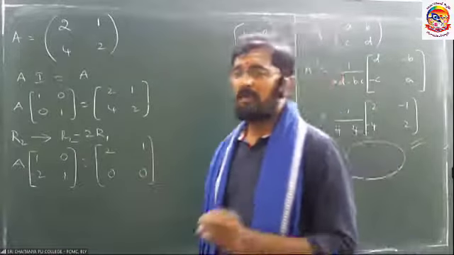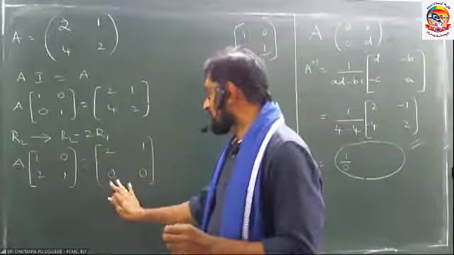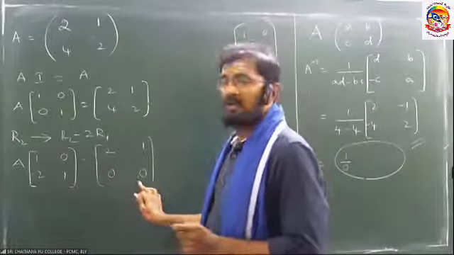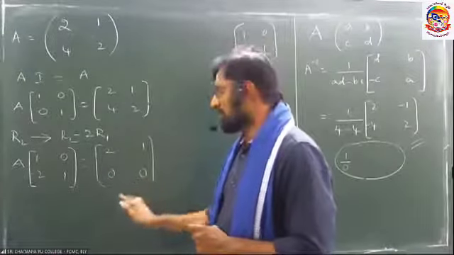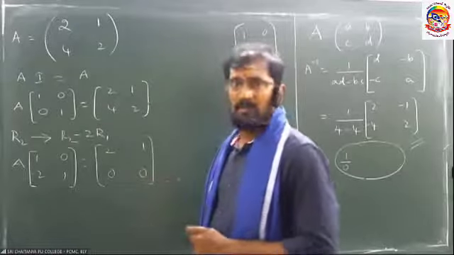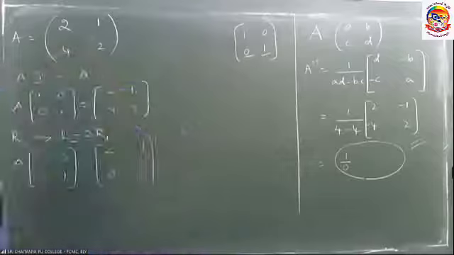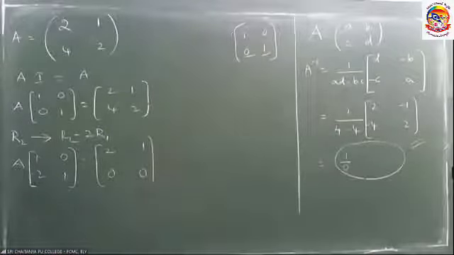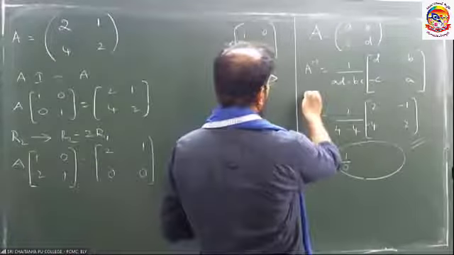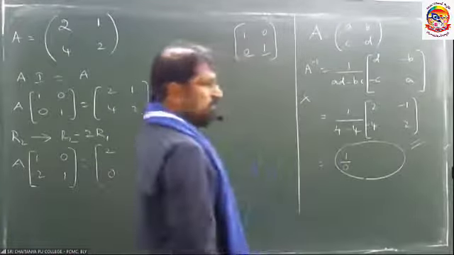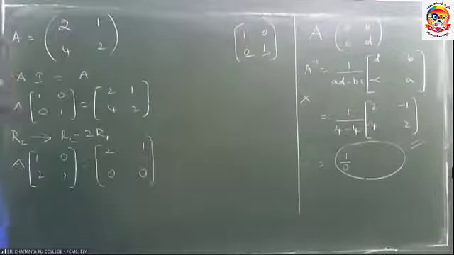Therefore, you can write: since the entire second row elements are 0, the inverse does not exist. Okay, copy it. Don't copy the shortcut method; this is the one which you should not use on your board. Use this one.